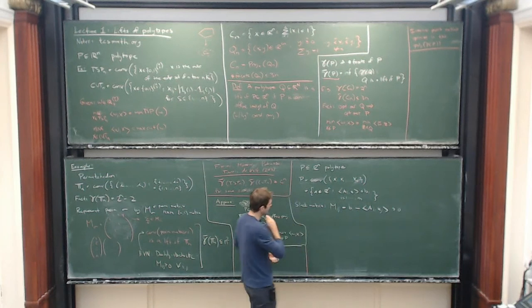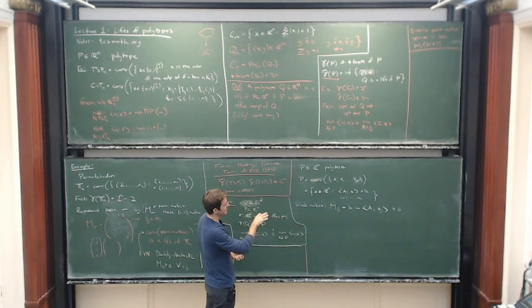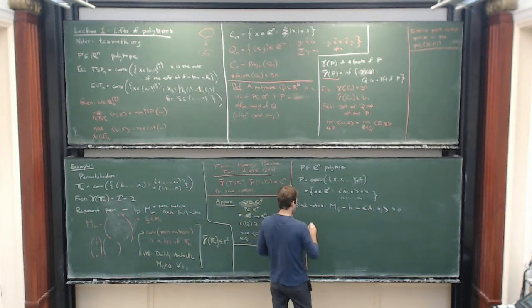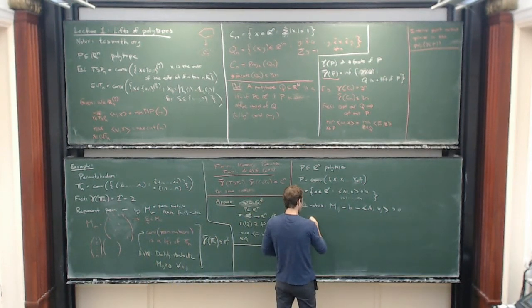Okay, so that's one thing we need. The other definition we need to state Yannakakis' factorization theorem is a definition of non-negative rank. First, let's remember the definition of the rank of a matrix.